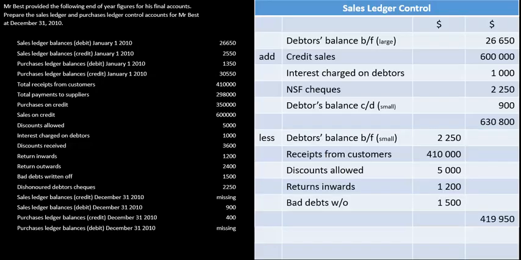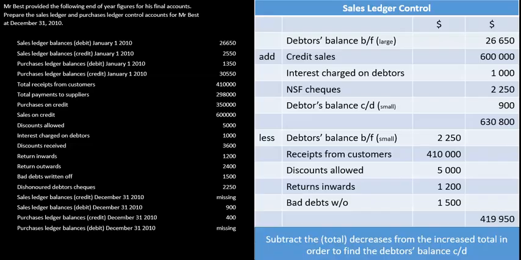So there we have it, all the balances, including the brought forward adjustment on the sales ledger of the 2,250. Good. So now that I have both of that, let's put in the last step, which is to subtract the decreases from the increases. All right.